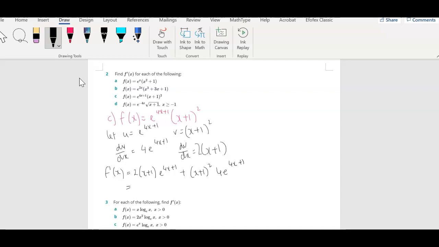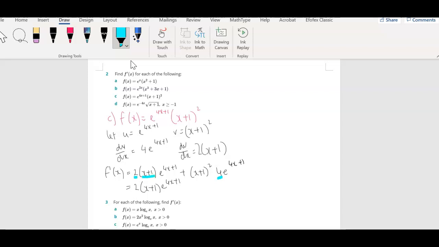All right, taking out a common factor again. So I can see we've got 2 is common. So we've got 2 and then 4. So 2 is common to both of them. Then we've got x plus 1. And then I've got e to the power of 4x plus 1. So that is common to both. Okay, so you can see the 2 there and 2 also goes into 4.